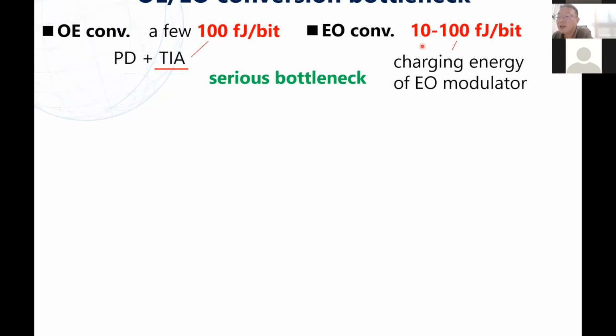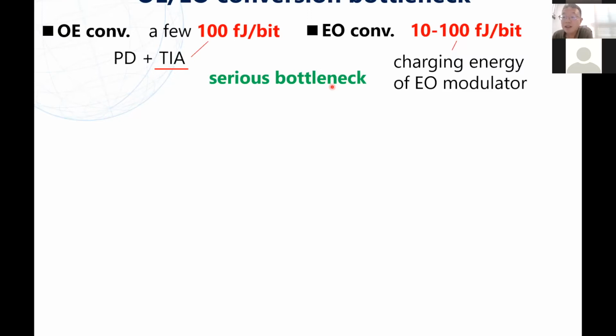And the energy of EO conversion is determined by the charging energy of EO modulators, which is typically 10 to 100 femtojoule per bit. And these values actually limit the performance of optoelectronic accelerators.